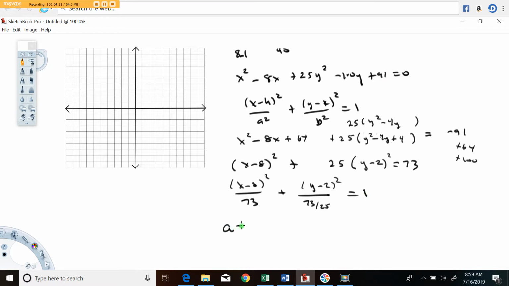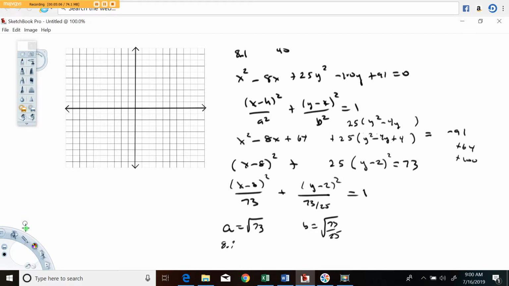The a is equal to the square root of 73, somewhere between 8 and 9, since 8 squared is 64 and 9 squared is 81. So this is 8 point something. The b is the square root of this other quantity, square root of 73 over 25.